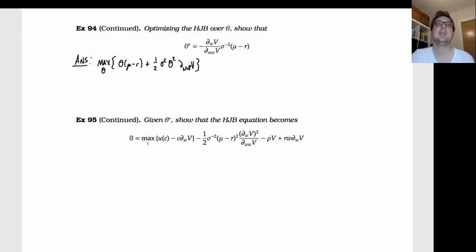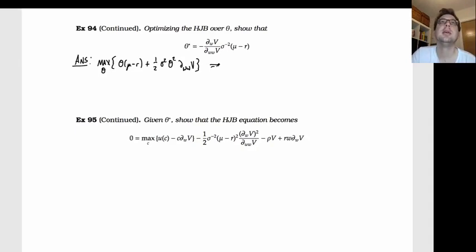Note that typically we'll expect this value to be negative, since it's related to a concave function. So we expect its second partial derivative to be negative to preserve that concave property. So this is a nicely well-defined maximization.